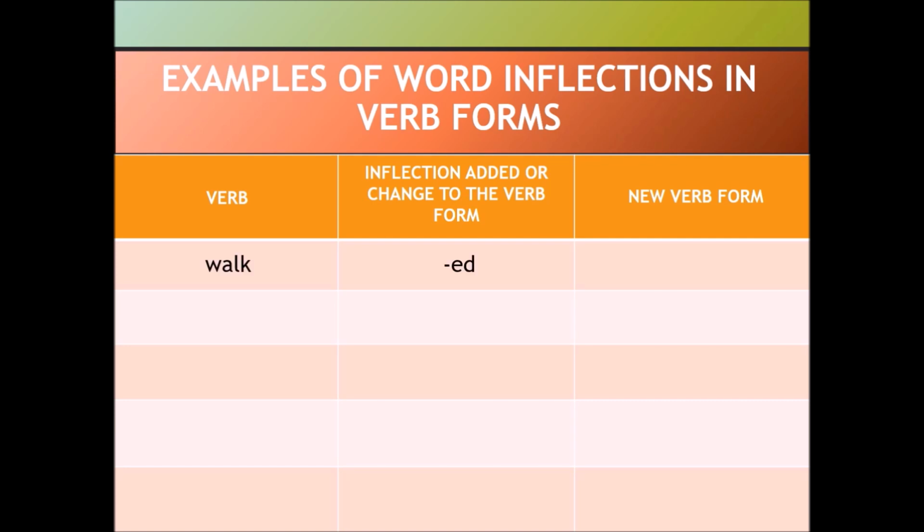We add ed and that becomes walked. The second example of the word is bake. We add d, this becomes baked. The third word is make. We change k to d, so this becomes now made.